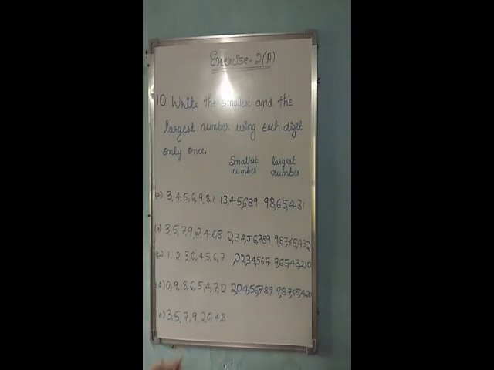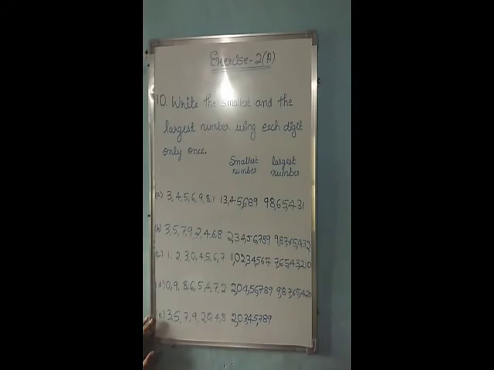So here, other than 0, which number is the smallest number here? 2. First we have to take 2. After that we should write 0. Then 3, then 4, then 5, then 7, then 8, then 9.